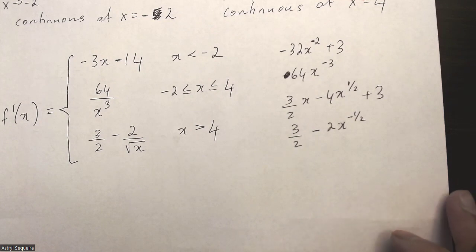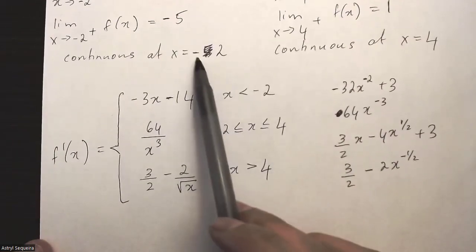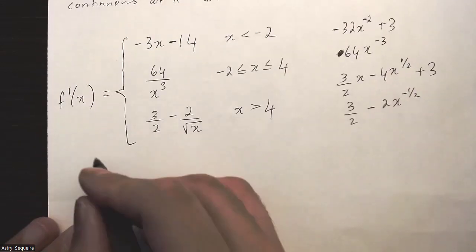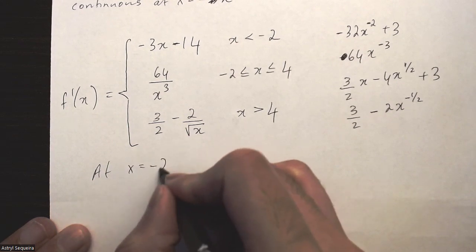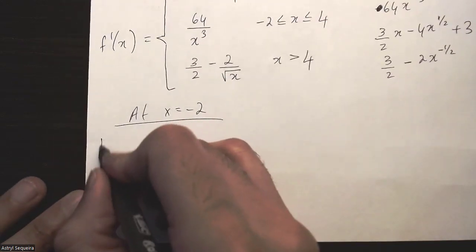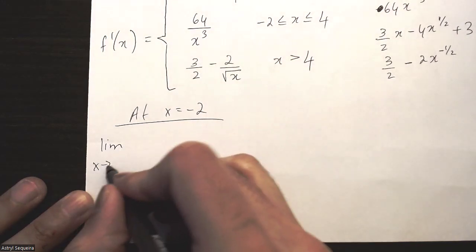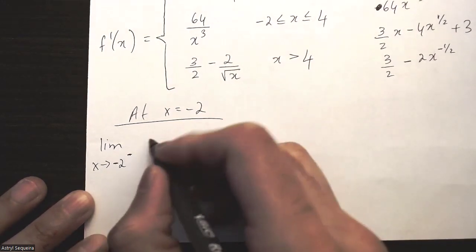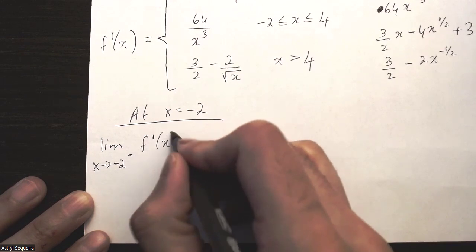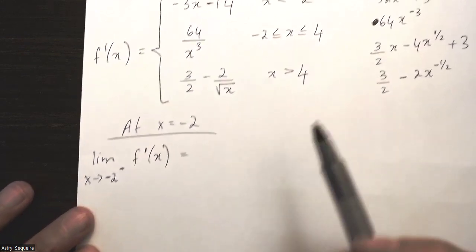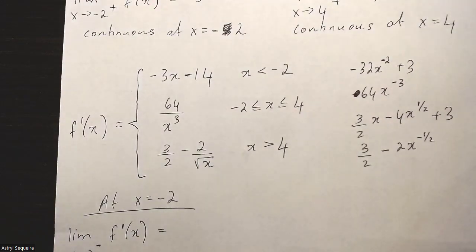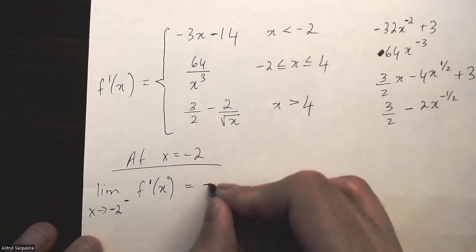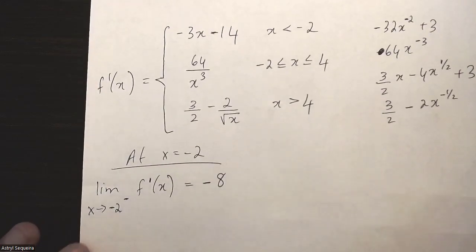So now that I've derived this completely, I'm going to test for differentiability at both these points. Let's start at x equals negative 2 again. I'll do the limit as x approaches negative 2 from the negative side of f prime of x. So that's just plugging negative 2 into this first equation. I'd do it in my calculator again, although this one's pretty easy to do mentally. It's just negative 8.